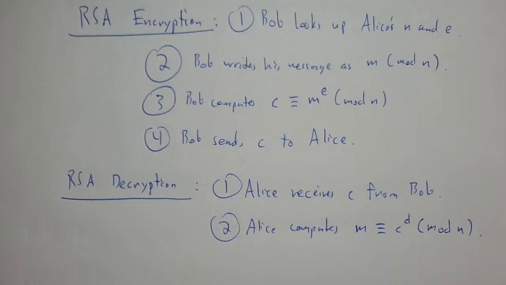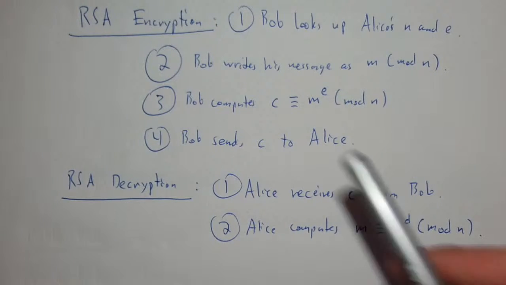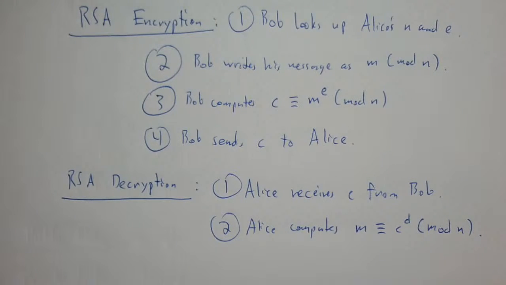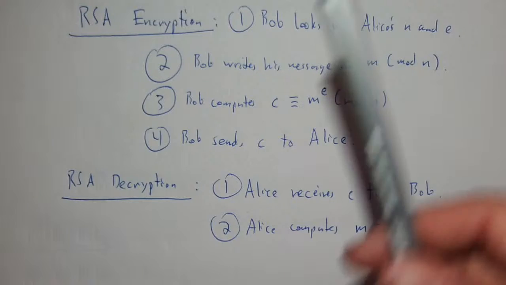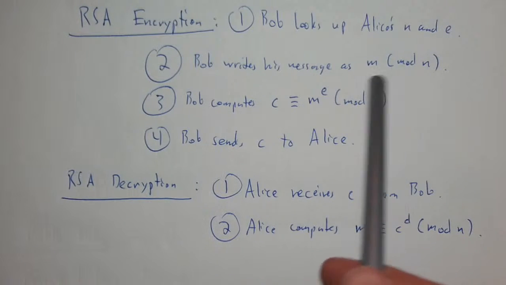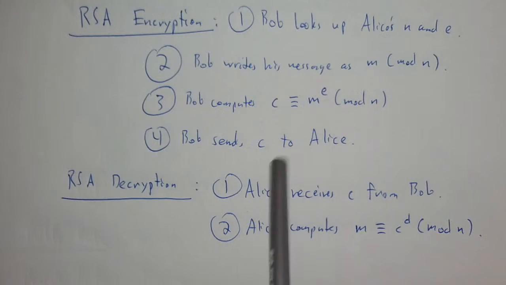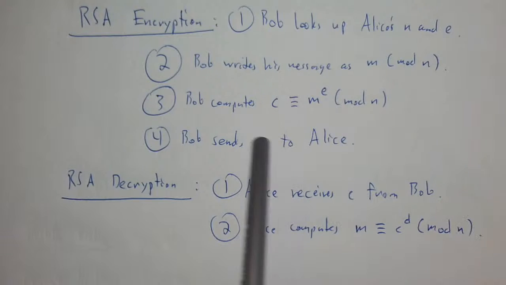Now, there's a couple questions you have. One, you might have a question about why exponentiating C to the decryption key recovers m. We'll go over that. I'll explain what's going on there. But what is this process simply? Whatever Bob encodes his message as, m mod n, he exponentiates that to the encryption key and gets some number C out of it.